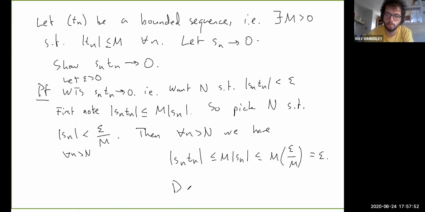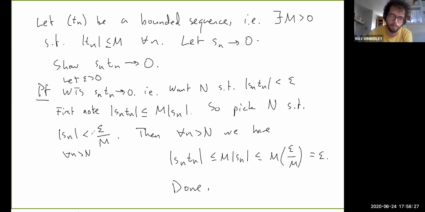So then we're done. Does anyone have questions about this? Again, there are these common themes that will recur over and over again, of leveraging convergence of a sequence by intelligently picking an upper bound for the absolute value of Sn, with the intent of applying the definition of convergence to say that we can force the absolute value of Sn to be less than this number.